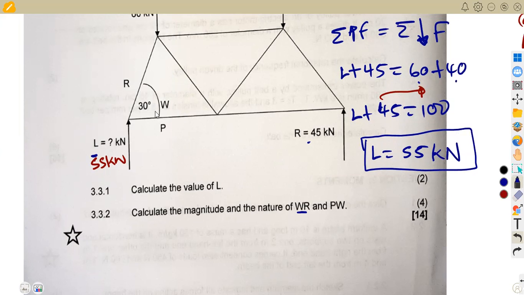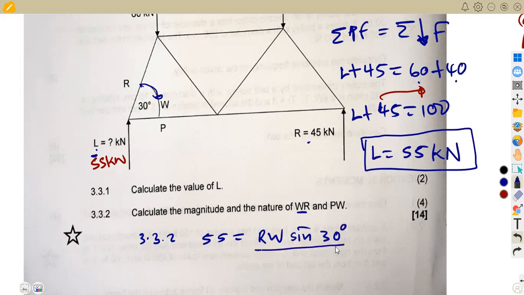But this time, considering RW in this case, there is an angle affecting it, 30 degrees. So our upward force in this case is going to be given as L. This is our upward force. So 55 is going to equal the downward force, which is RW sine of 30 degrees, since we are having an angle.